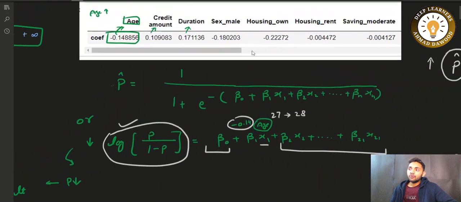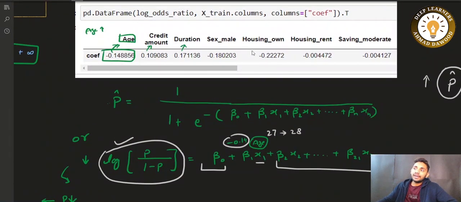Understand? It means when your age increases, your probability of being default will decrease. Credit amount has a positive coefficient.